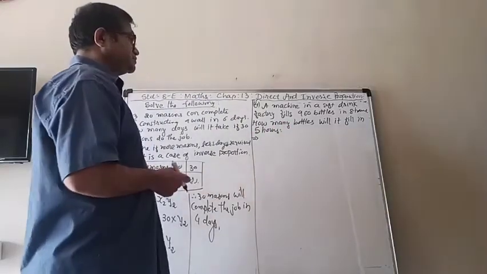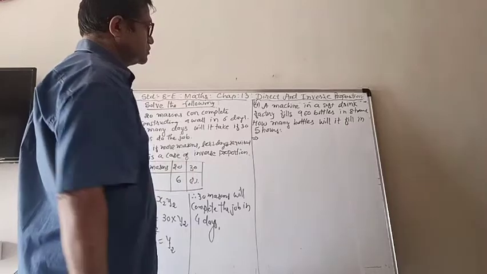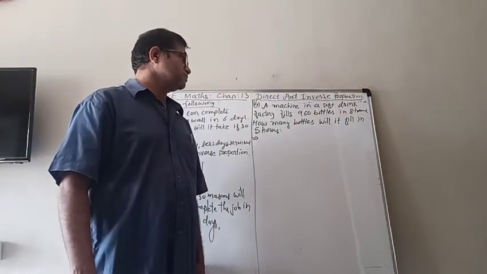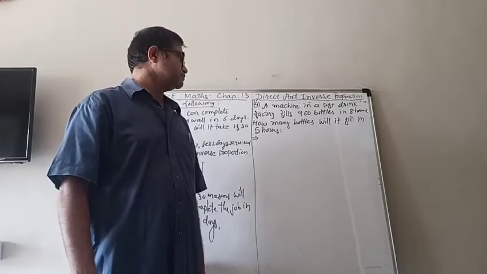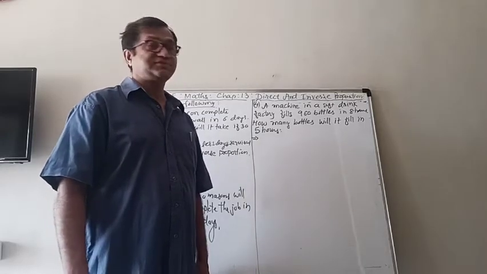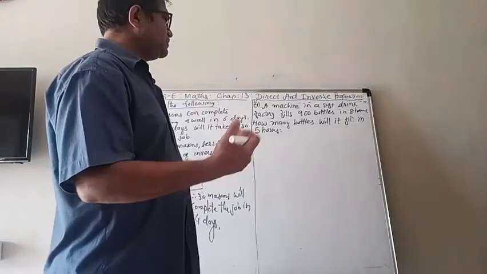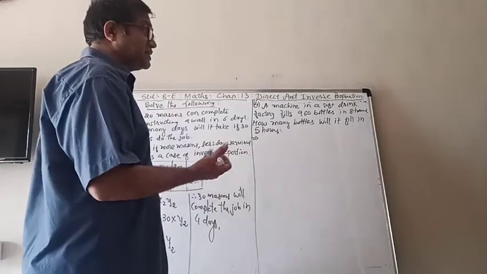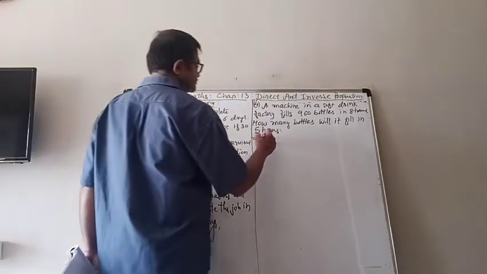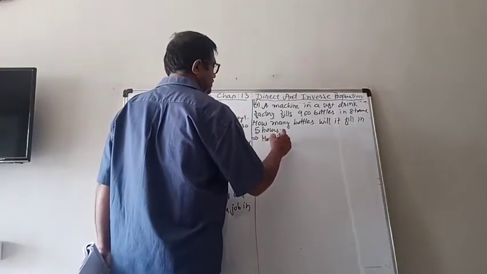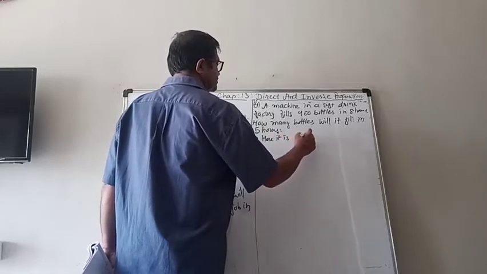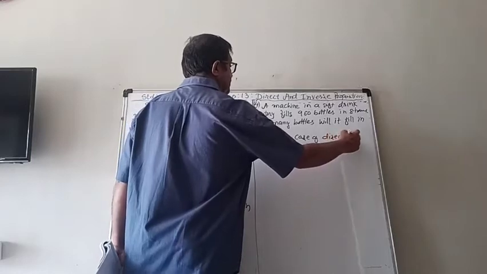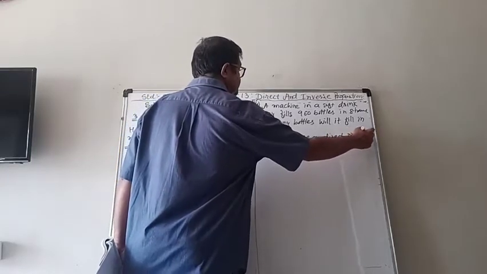Here you can see that if it works 8 hours, 960 bottles, but it will work only 5 hours, then less bottles will be filled. So it is a case of direct proportion.